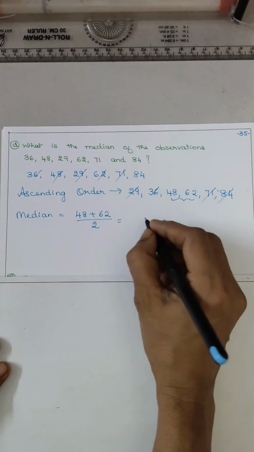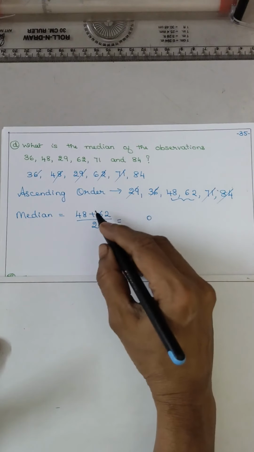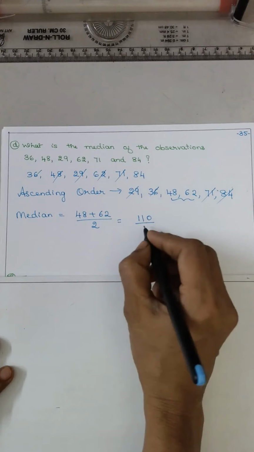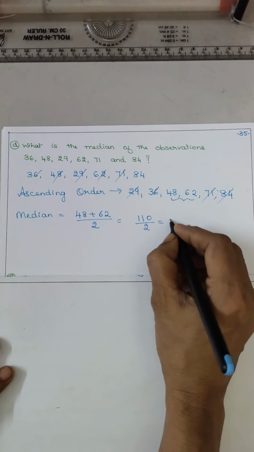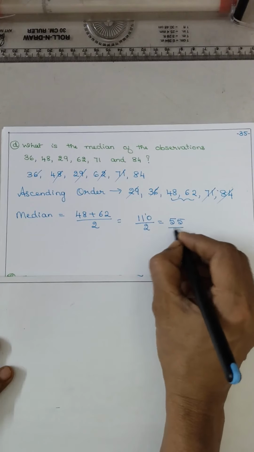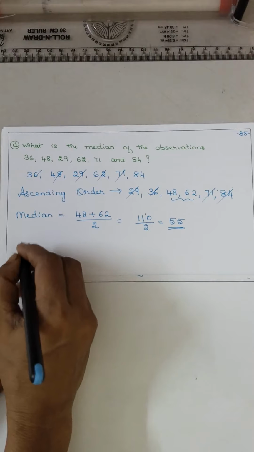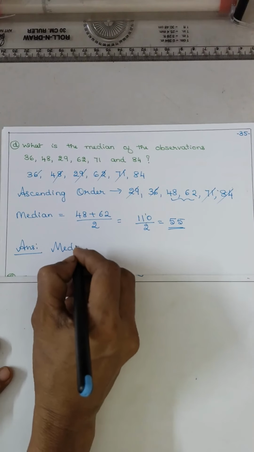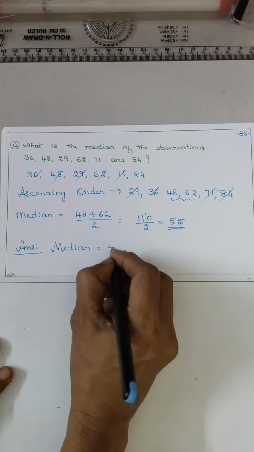So 8 plus 2 is 10, 1, 6 plus 4, 10, plus 1, 11 upon 2. 2 5s are 10, 1 remains, 2 5s are 10. So the answer, median, is equal to 55.